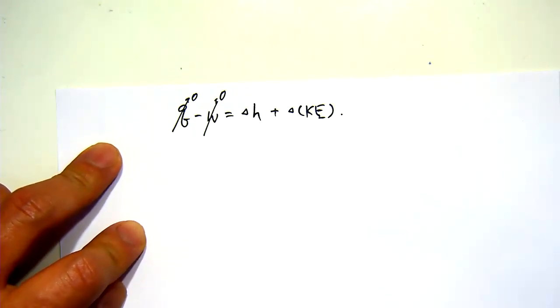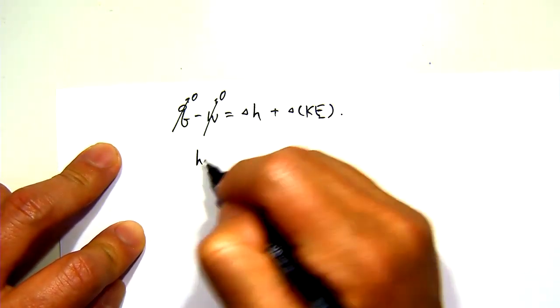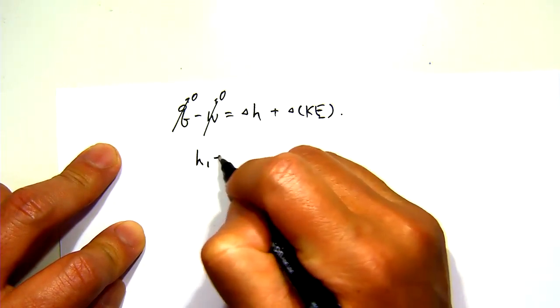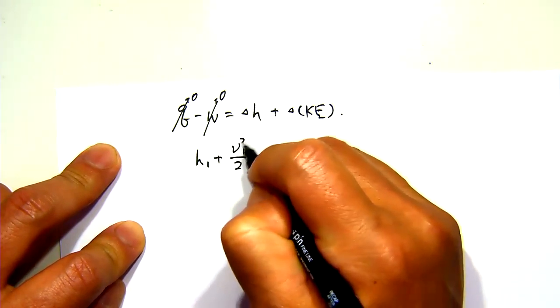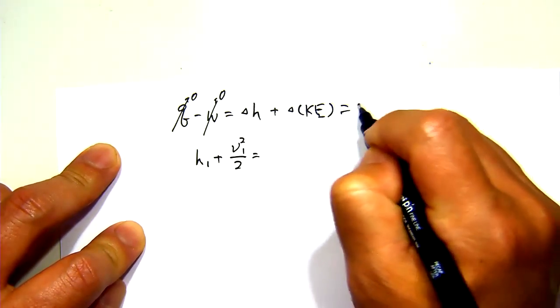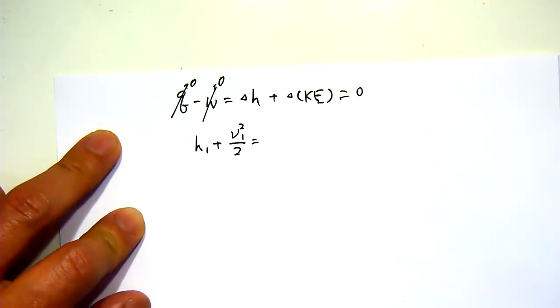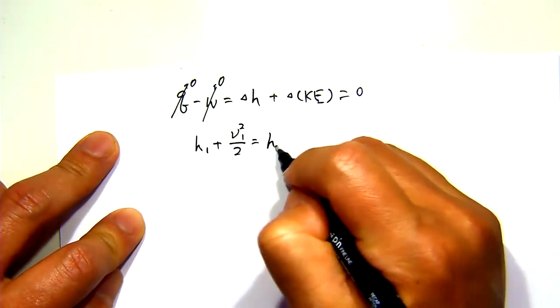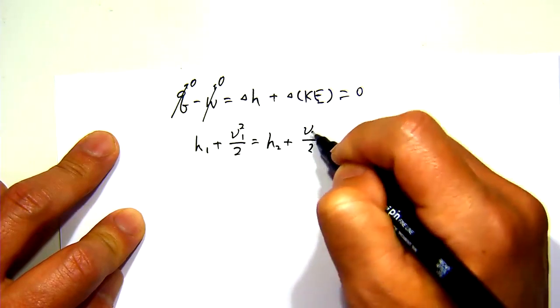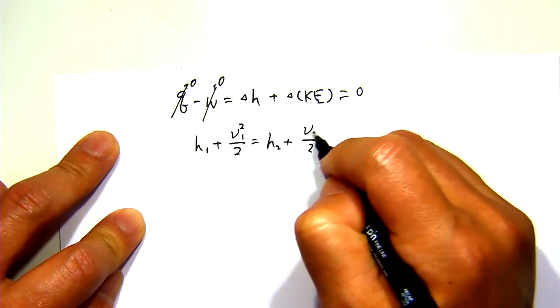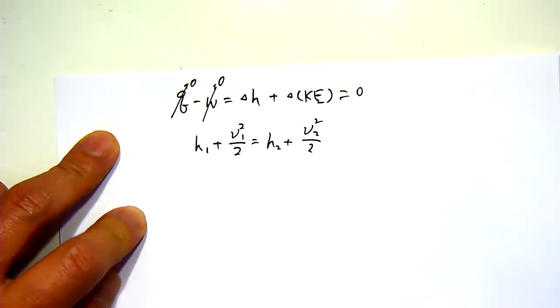Then if we call the initial state 1, we have h1 plus V1 squared over 2 equals h2 plus V2 squared over 2.